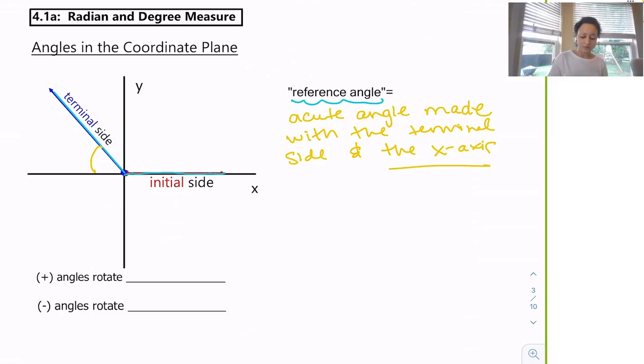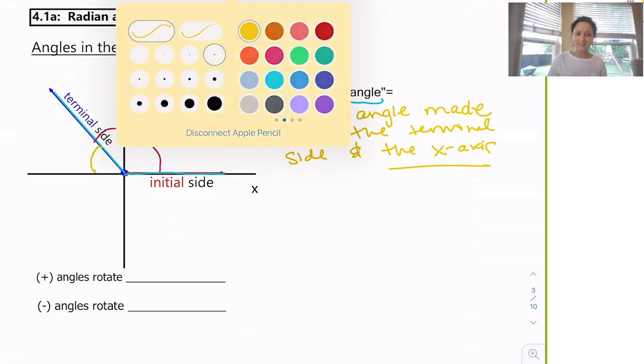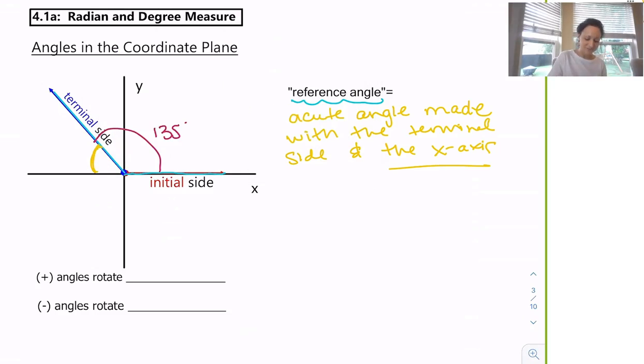Okay, so let's say that this is a measure of 135 degrees. What would the reference angle be in this case? So the reference angle, this piece here, I can tell that's going to be 180 minus 135. So my reference angle here, that acute angle, is 45 degrees. Okay, we'll be using reference angles a lot for the days to come.